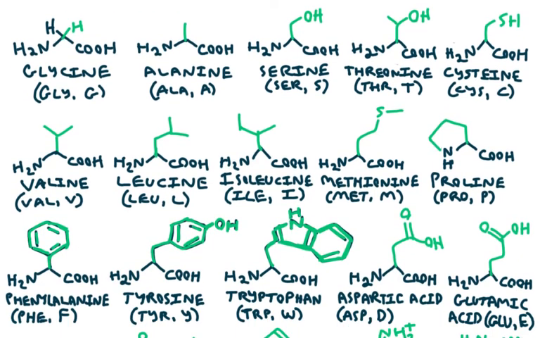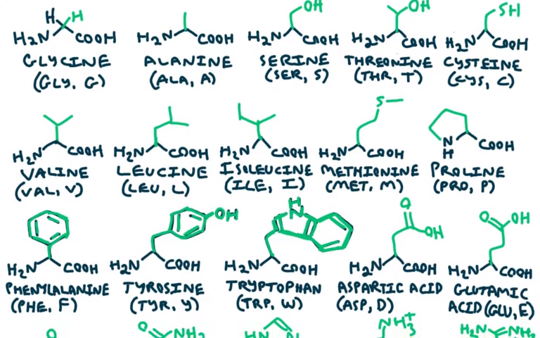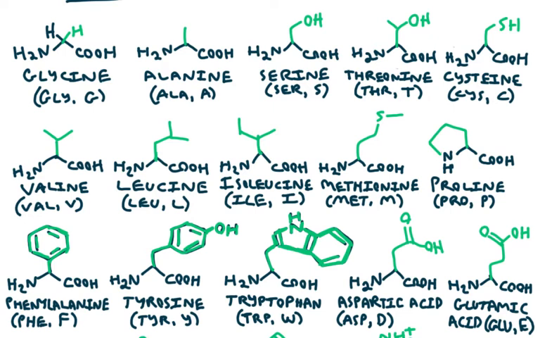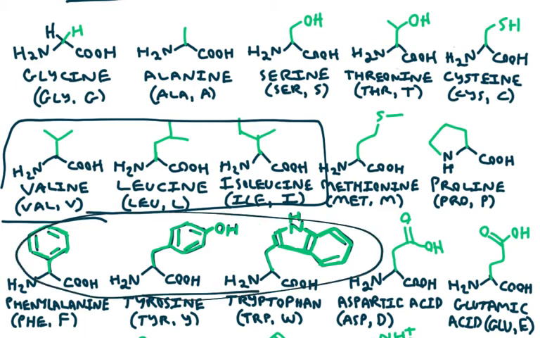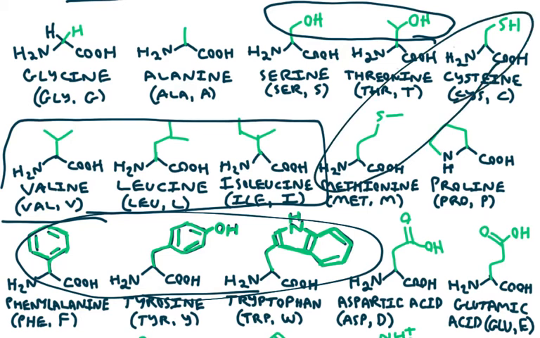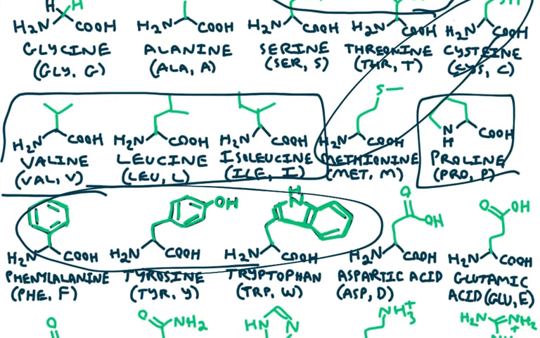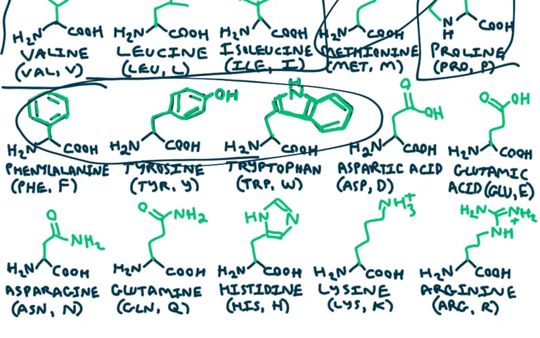They're really diverse chemically. You have stuff that is hydrophobic or water-hating. You have aromatic amino acids. You have things that can do dipole-dipole forces and hydrogen bonding, like OH groups. We have our sulfur-containing amino acids. We've got weirdos like proline. And then there are also acidic and basic amino acids.